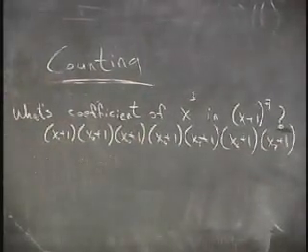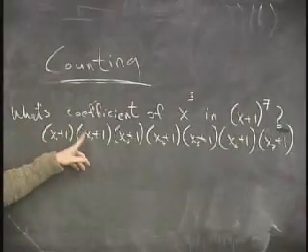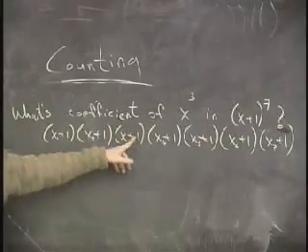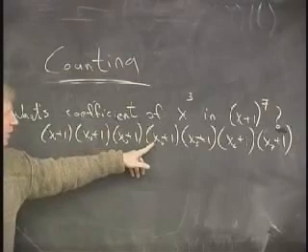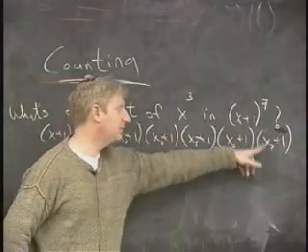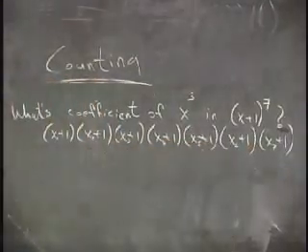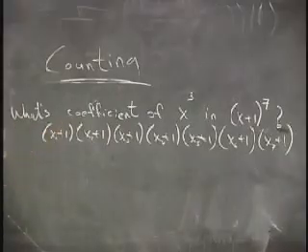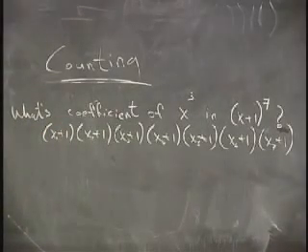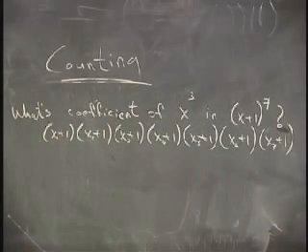And let's multiply through an example. I could get x1 times x2 times 1 times x4 times 1 times x6 times x7. I can just multiply through, and as I go along, left to right, I can choose either to multiply through the x part or the 1 part.